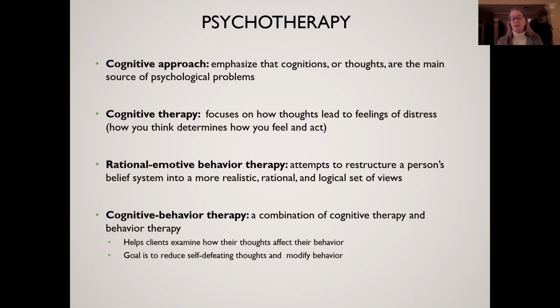Well, here's an example. We might take 100 people who have been diagnosed with bipolar disorder, and we're going to randomly assign these 100 people into 2 groups. One group, we're going to give them different therapists who are all going to use cognitive behavioral therapy, and they're going to see them 1 time a week for 16 weeks.